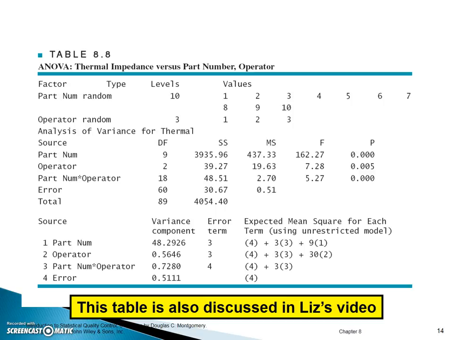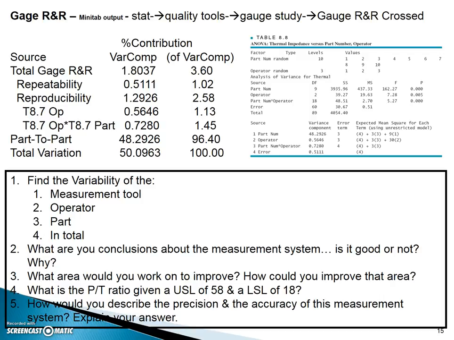And if we run a GaugeR&R analysis using the ANOVA version, this is the table that comes out, as well as the table from the prior page, as well as this information. So it tells you the variance components: what the total variance is, what the variance due to the part is, what the variance due to the total gauge is.